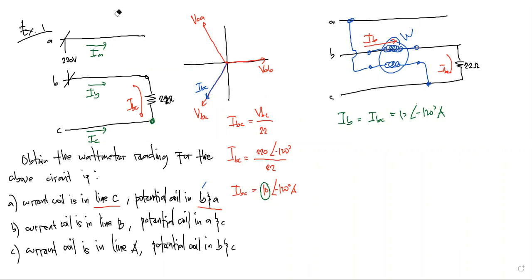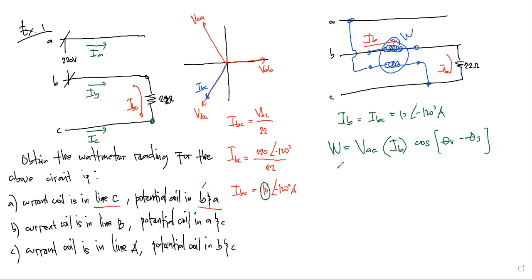Okay, and then we can calculate the reading of the wattmeter. The wattmeter reading for letter B is the voltage AC, the magnitude of the voltage A to C, times the current IB, and then cosine of the angle theta V minus theta current.